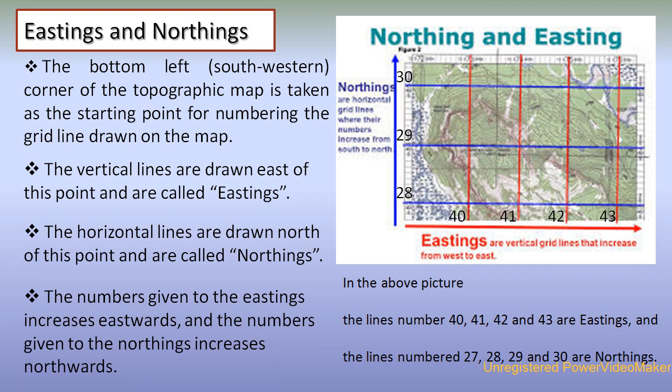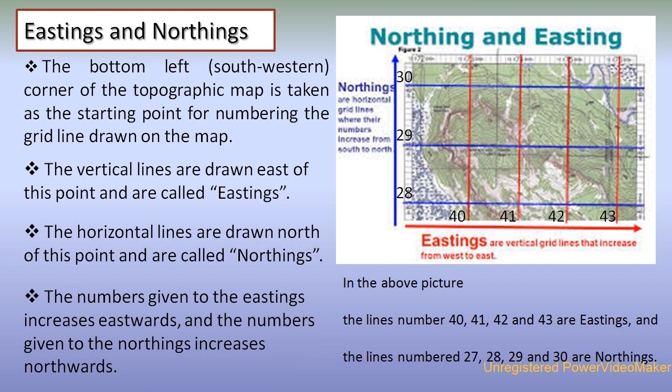So the next major topic which we are going to discuss is eastings and northings. In a map, the bottom left corner, which is circled in the picture on the right side, is taken as the starting point of numbering the grid lines. You can see towards the east side 40, 41, 42, 43.